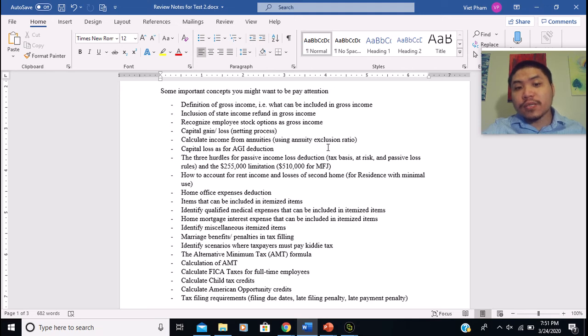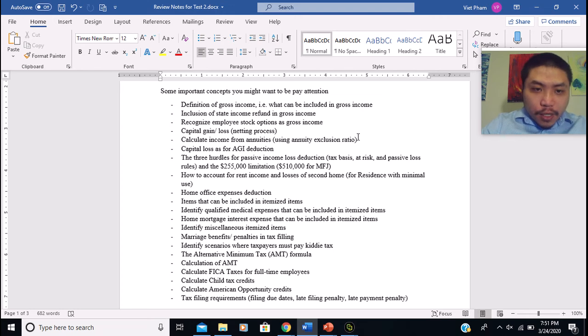So we need to use this annuity exclusion ratio to figure out the portion of that annuity that can be considered as the capital that the person invested, and the portion of the annuity amount that can be considered as net income, right? So make sure you know how to use this exclusion ratio, and I think we're going to have practice problems down there as well.